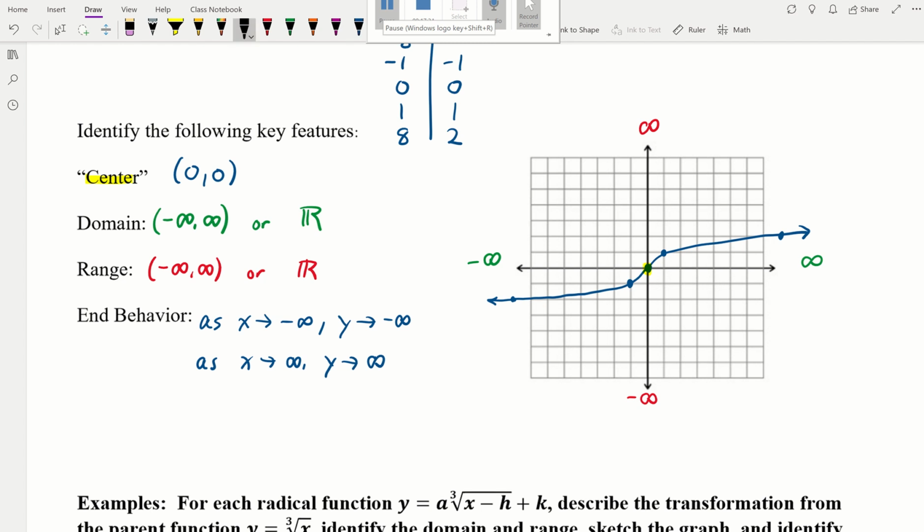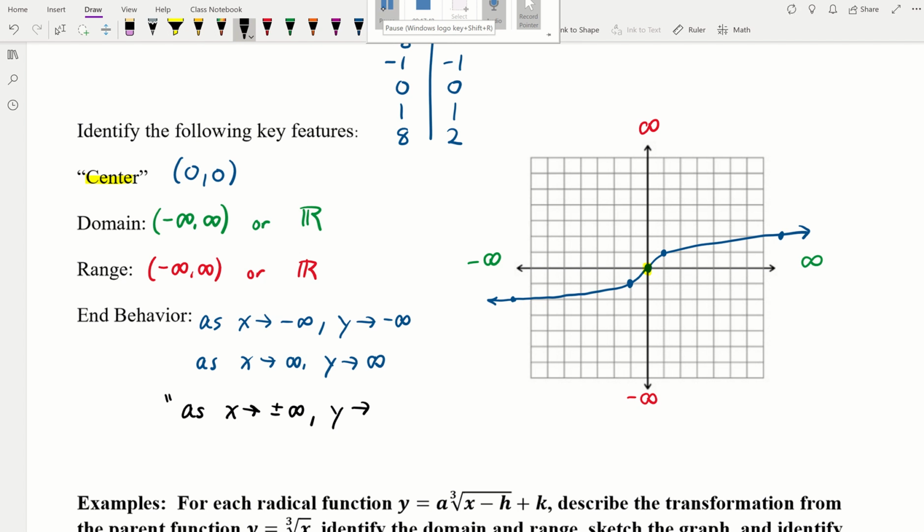If you wanted to abbreviate this and write it as a single statement, that's fine. You would write it as x is approaching plus or minus infinity, y is approaching. Now, what you would have to make sure happens if you're going to write it like this is that the top sign corresponds to positive infinity, which in this example is positive.